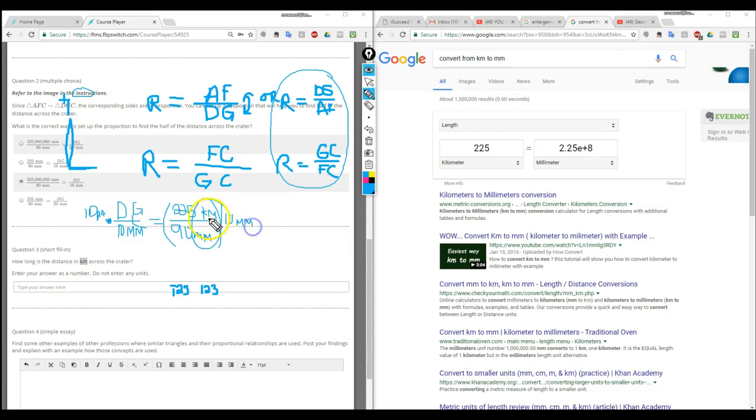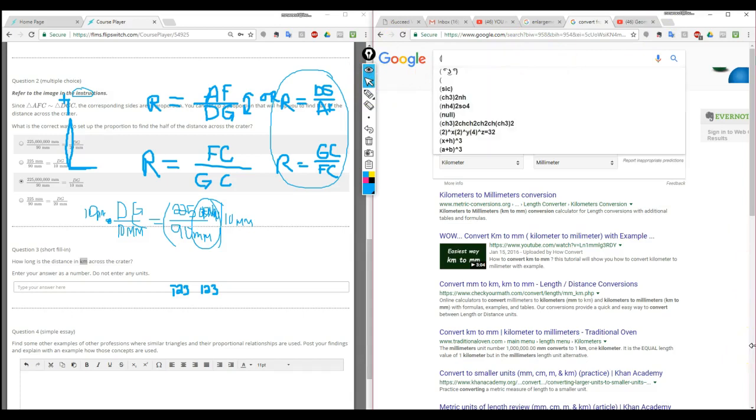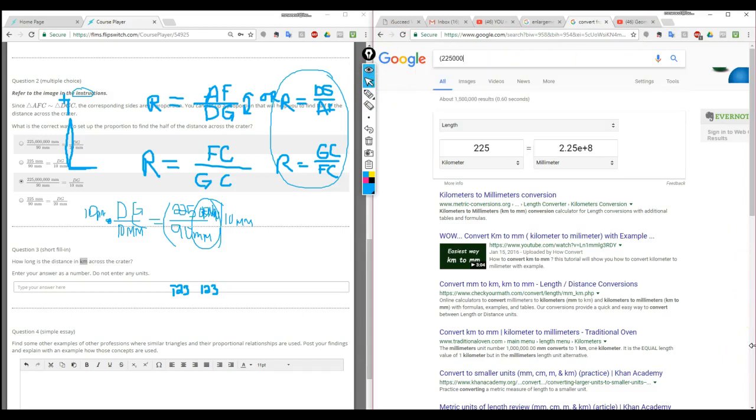And I'm noting to self that this really has 6 zeros written in here for it to be in millimeters. So I would type in parentheses 225 and 6 zeros, divided by 90, parentheses, times 10.